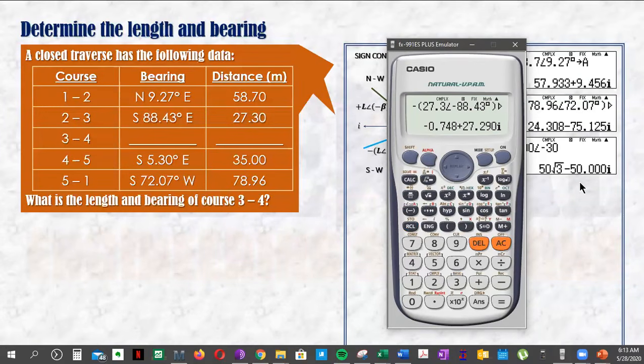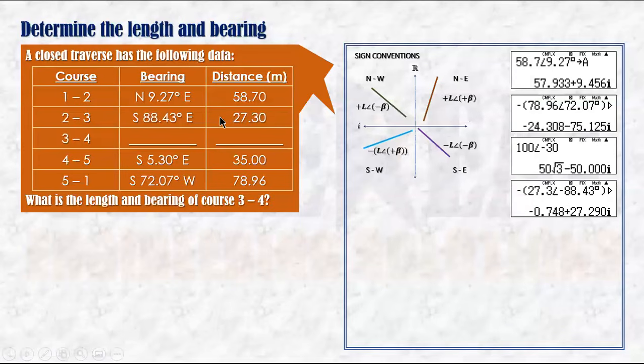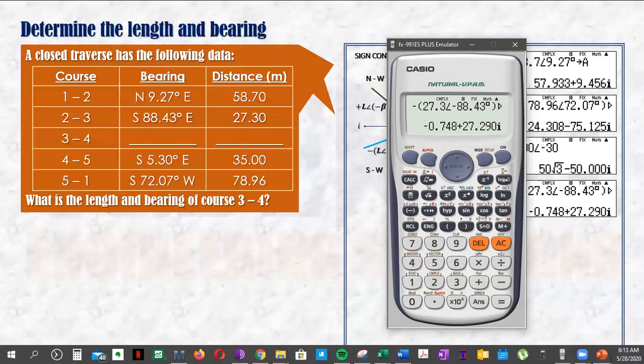So it's 0.748 plus 27.290i. That means its latitude is negative 0.748, and its departure is this, for course 2-3. And for 4-5, it's still southeast, so it's negative of the quantity 35 angle negative 5.3 degrees, or 5.30 degrees.